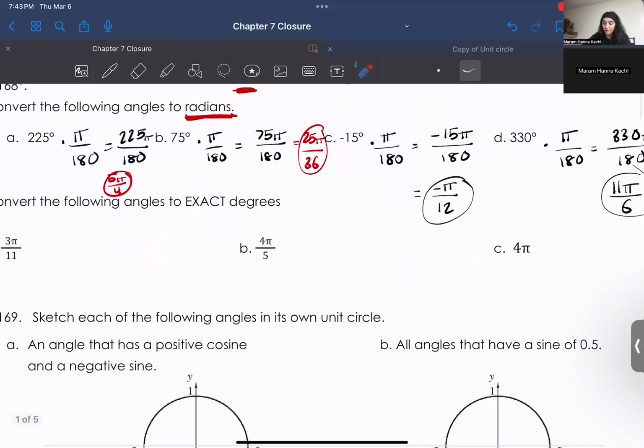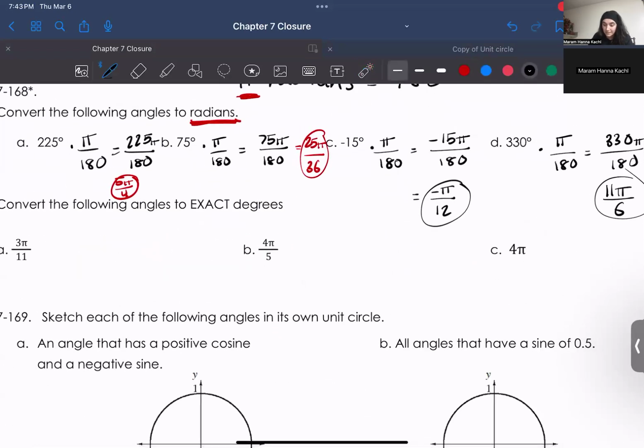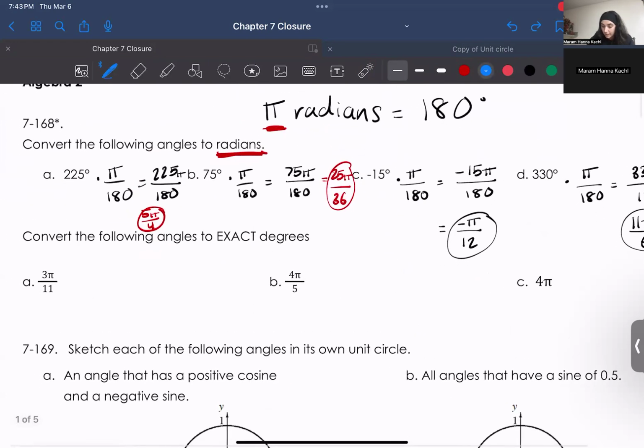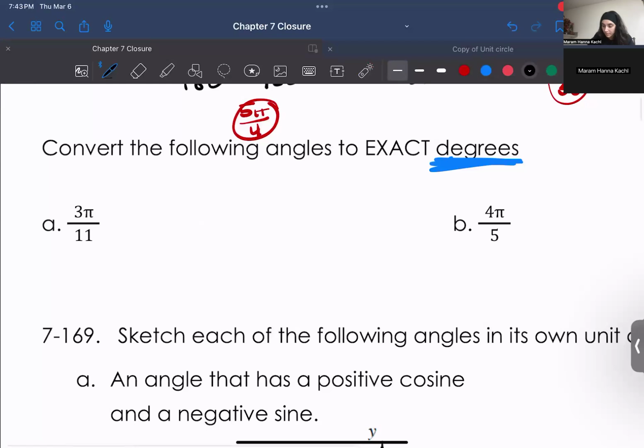Okay, going from radians to degrees means I pretty much do the same thing, but flip that fraction around. Because I want to make it into a degree, then my degree is the one that goes on top, that 180. So this time I would multiply by 180 divided by pi.